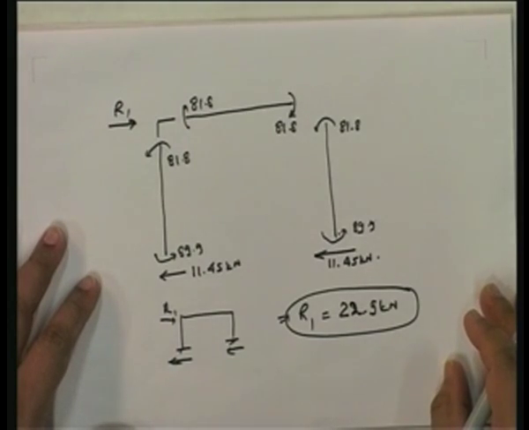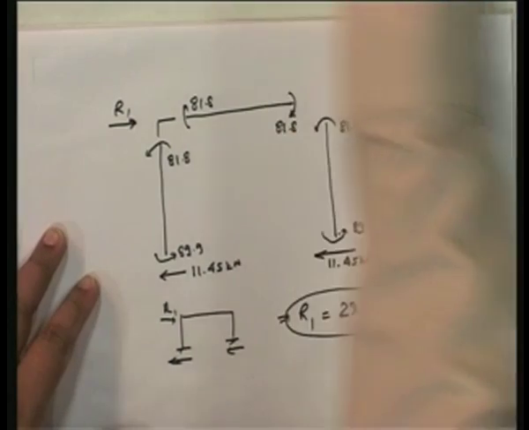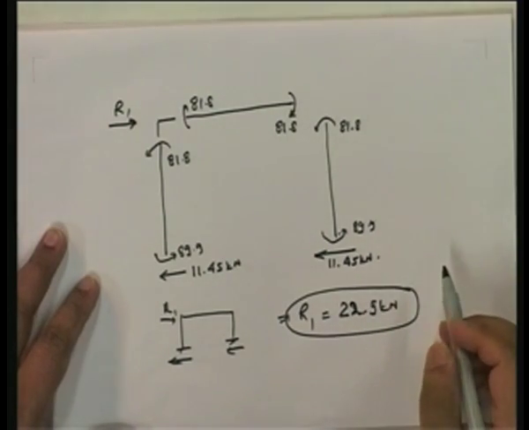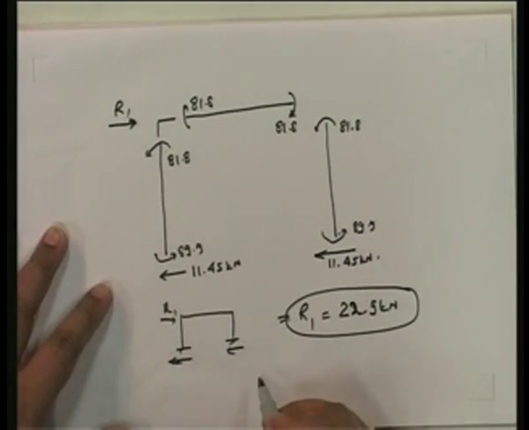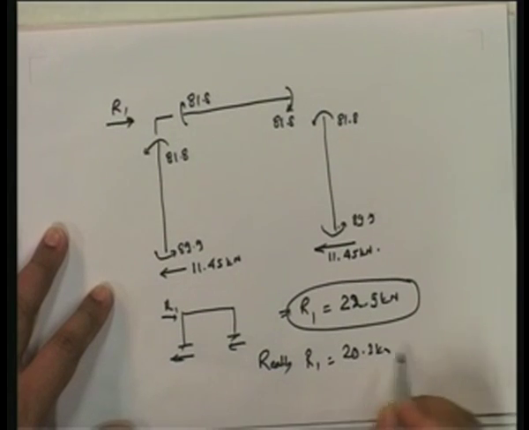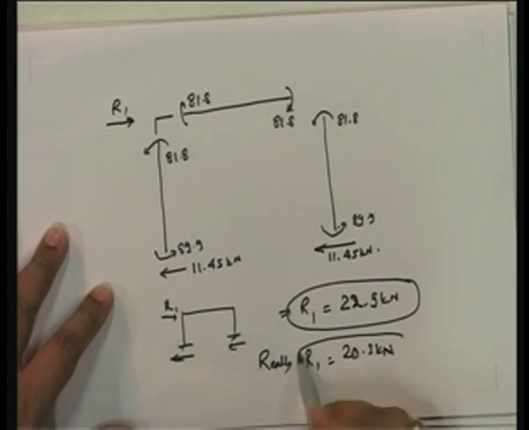But understand that we got our reaction at that particular point to be equal to 20.3. So essentially, really, R1 is equal to 20.3, because when you put the two of them together, that's the actual load that you have at that particular point, which is equal to 0. Okay, so R1 should really be 22.